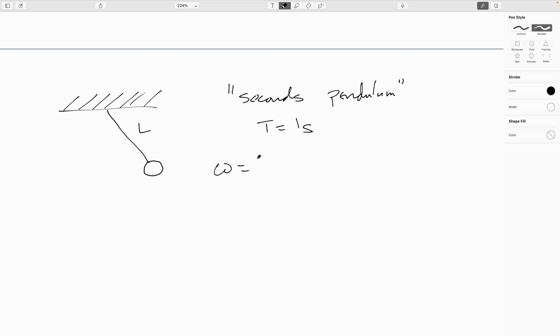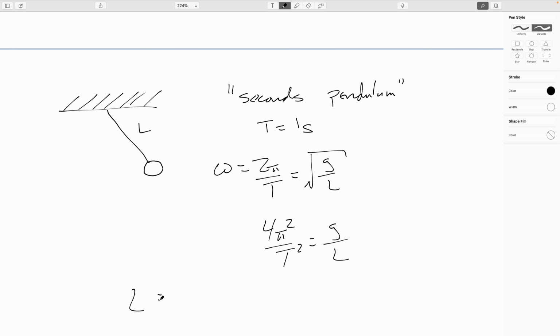We can remember that omega, which is 2 pi over the period, here's going to be root g over L. We're looking to solve for L, so square both sides. 4 pi squared over T squared equals g over L. Then rearranging, we get that L is gT squared over 4 pi squared.